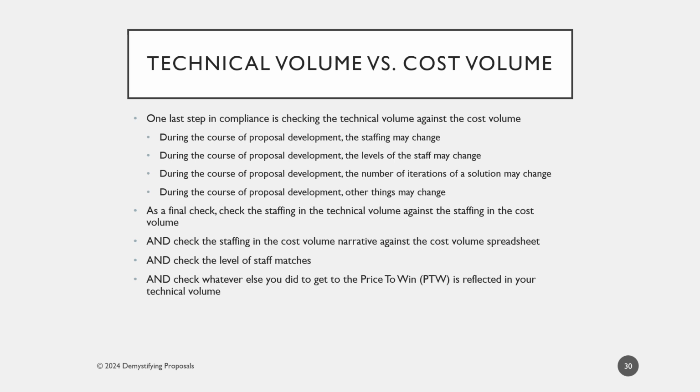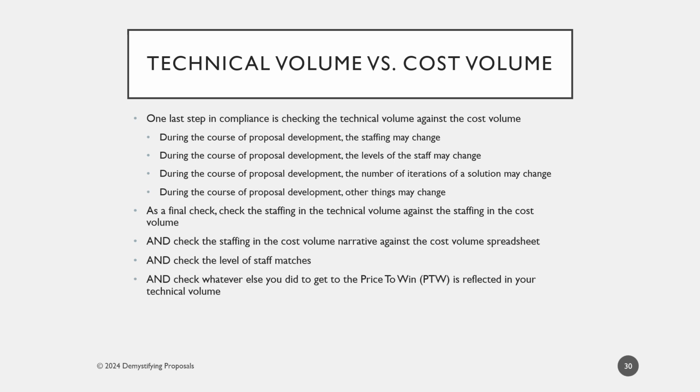Make sure that whatever is in the cost volume reflecting the cost that you're proposing is what's reflected in the technical volume. Same thing for the levels of staff. Again, you may have fewer senior people if you needed to bring your price down, or you may have changed the kind of people who are doing the work to a less expensive labor category. Again, make sure that that's all reflected in your technical volume.